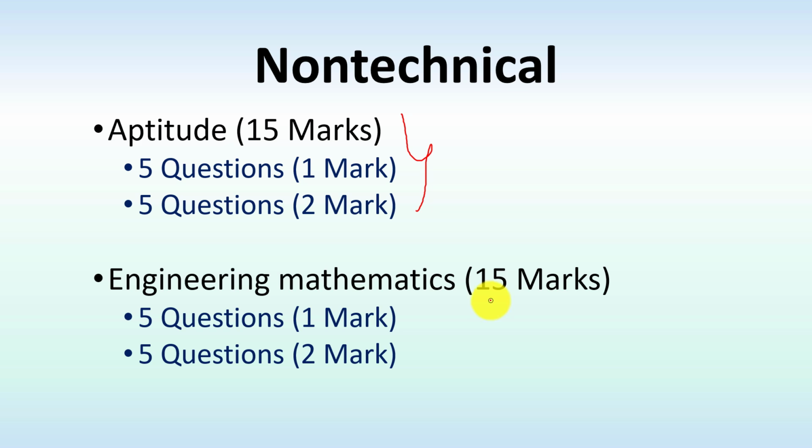Engineering mathematics carries 15 marks, in which 5 questions carry 1 mark and 5 questions carry 2 marks. So total is 15 marks. Okay? So the total non-technical part carries 30 marks. Right? So you have to focus more on these 2 sections. Okay? So the non-technical part carries 30 marks and the technical part carries 70 marks.